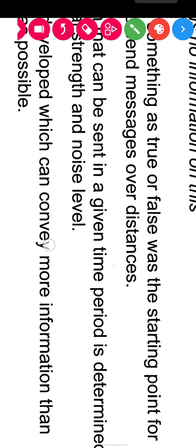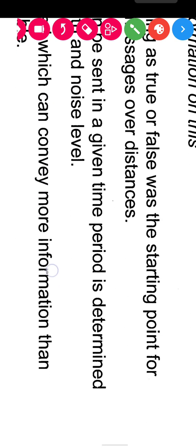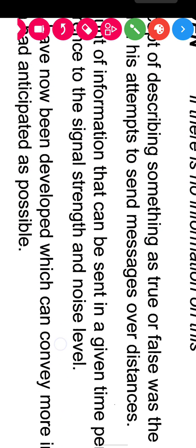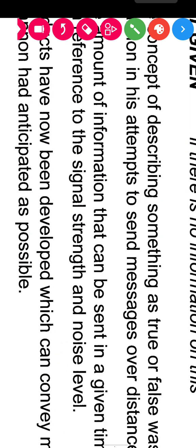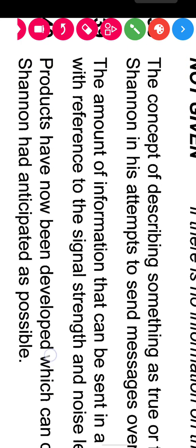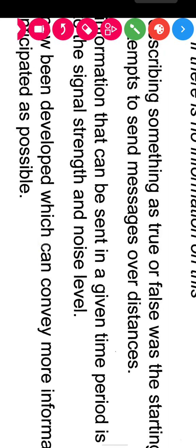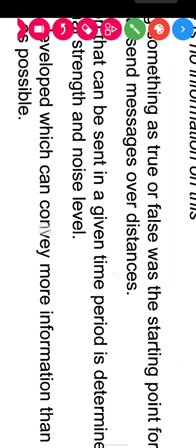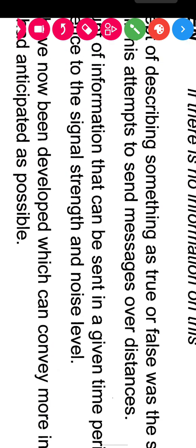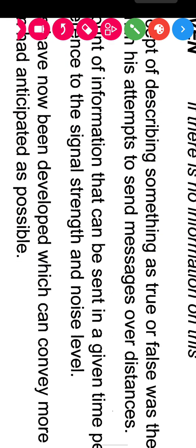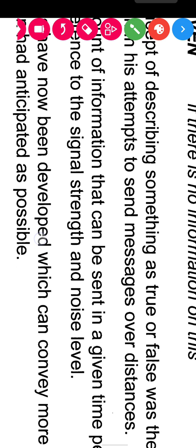The amount of information that can be sent in a given time period, it means when we send information from one place to another in a time period, is determined with the reference to signal strength and noise level. So it depends upon strength and noise.